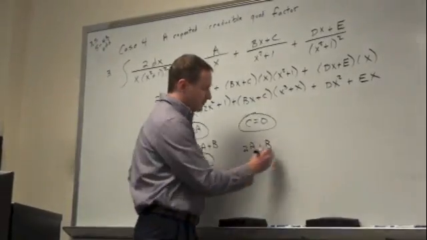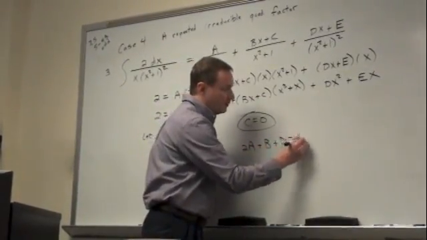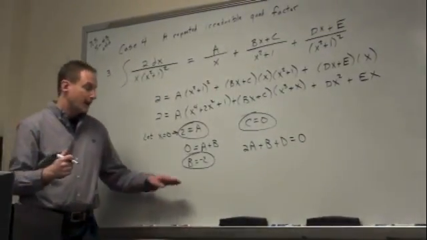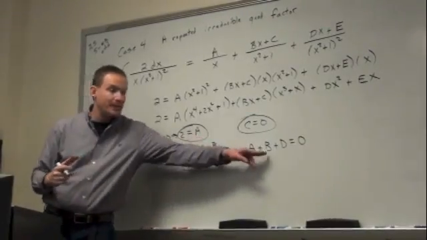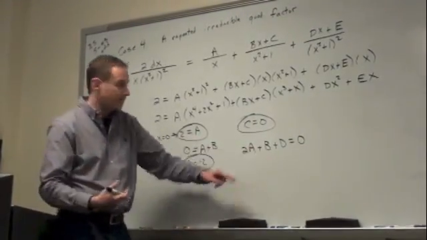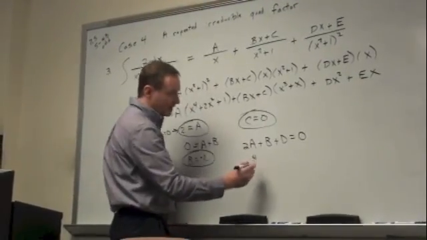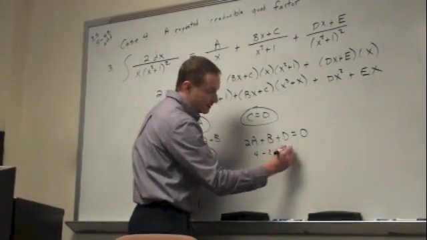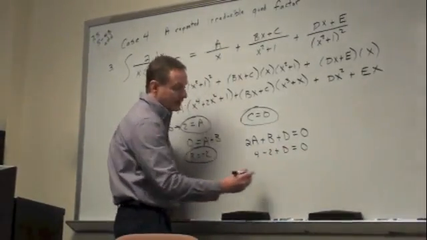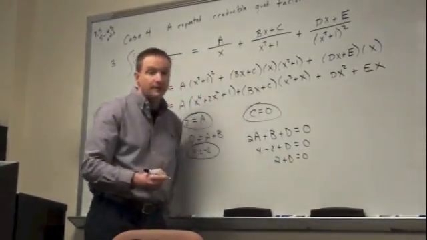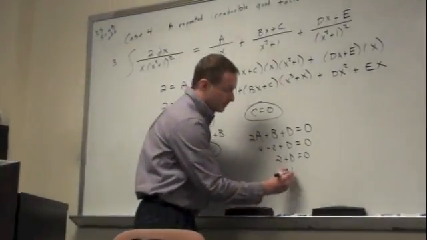D is, and I know that the coefficient of x squared on the left is 0. Now, I know A already, I know B already. That enables me to solve for D. So I'll have 2 times 2 is 4, minus 2 plus D is 0. So I'm getting 2 plus D is 0. Thus, D is -2.